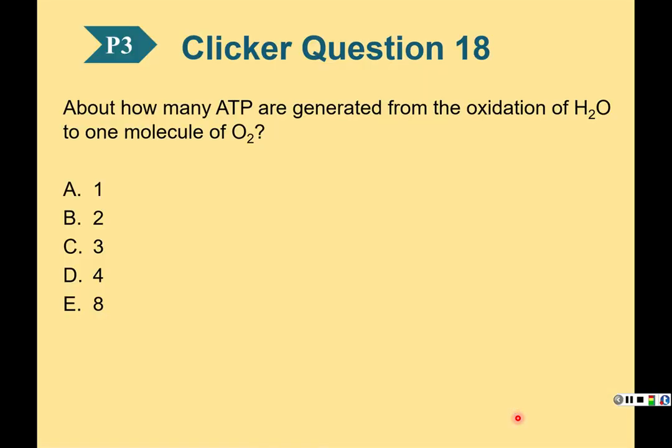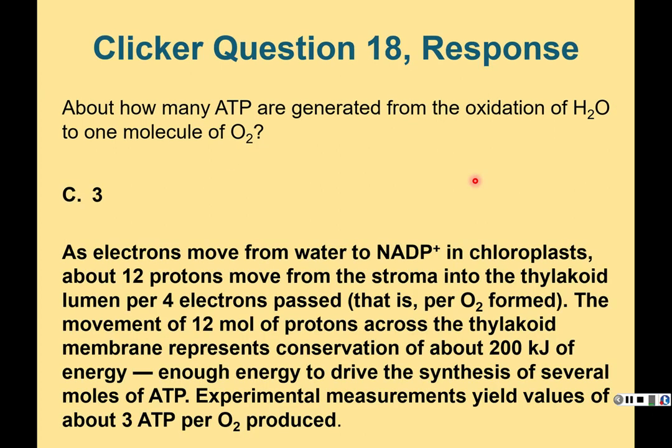So about how many ATP are generated from the oxidation of H2O to 1 molecule of O2? That'd be 2 molecules of H2O to 1 molecule of O2. That would be 3.